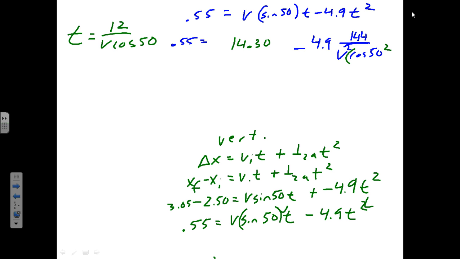All right, we can go ahead and multiply 4.9 times 144. When we do that multiplication step, that gives us 705.6 on top. Let's divide 705.6 by the cosine of 50 squared.